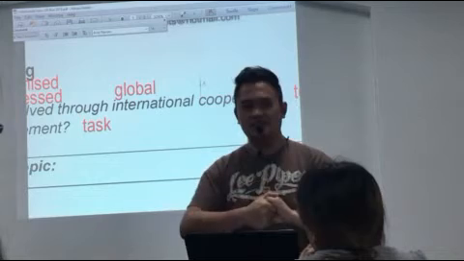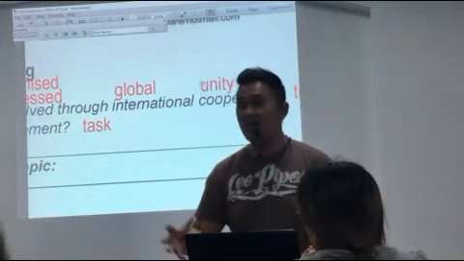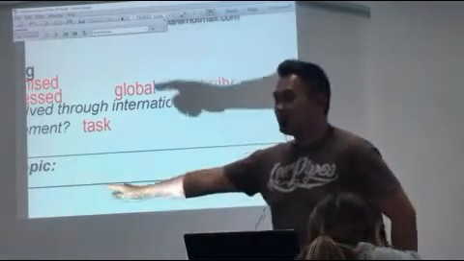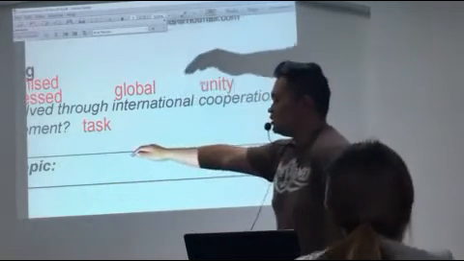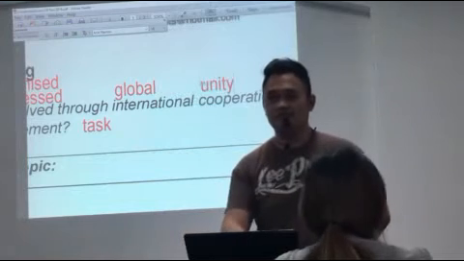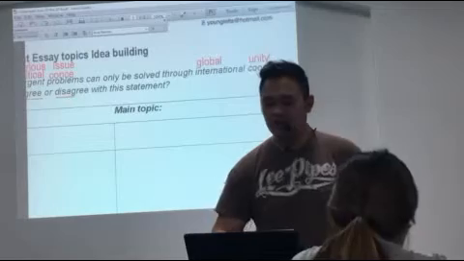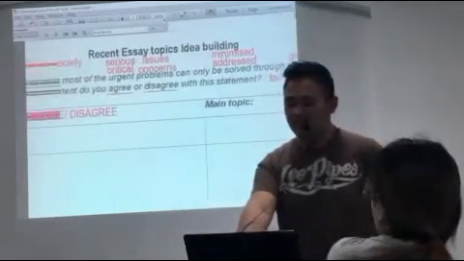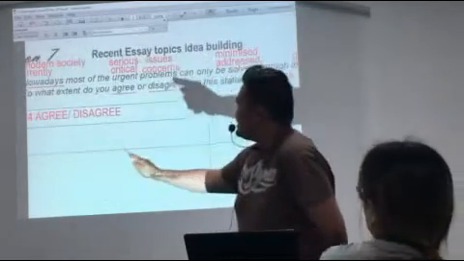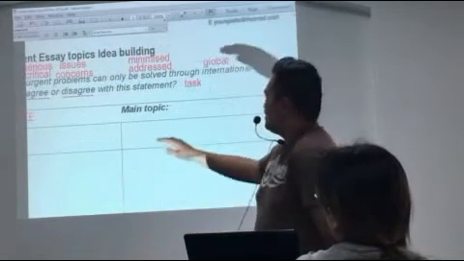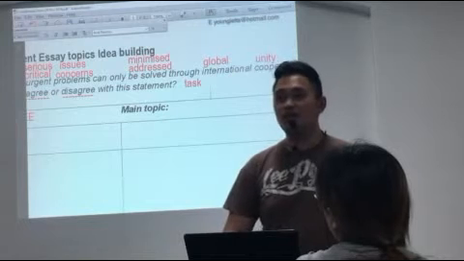Helping each other, isn't it? And we call that unity. It means together. International cooperation, global unity. So now we have our issue. Nowadays, the biggest problems in the world can only be solved through international cooperation.